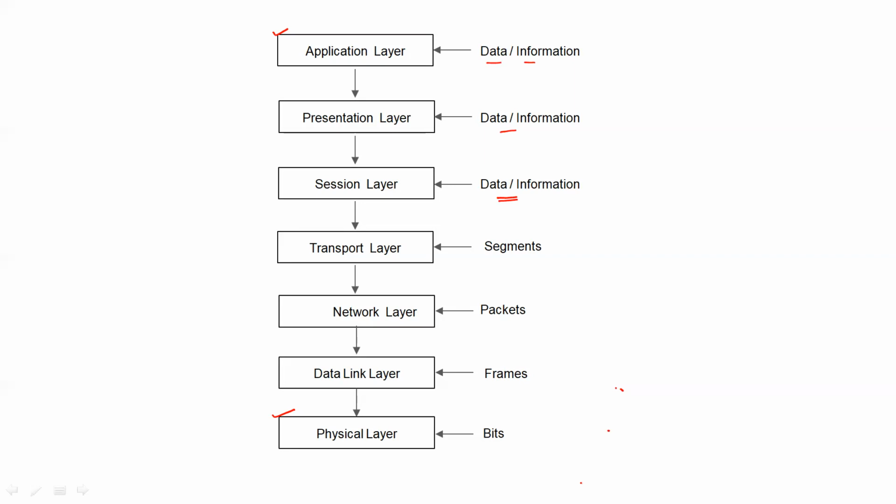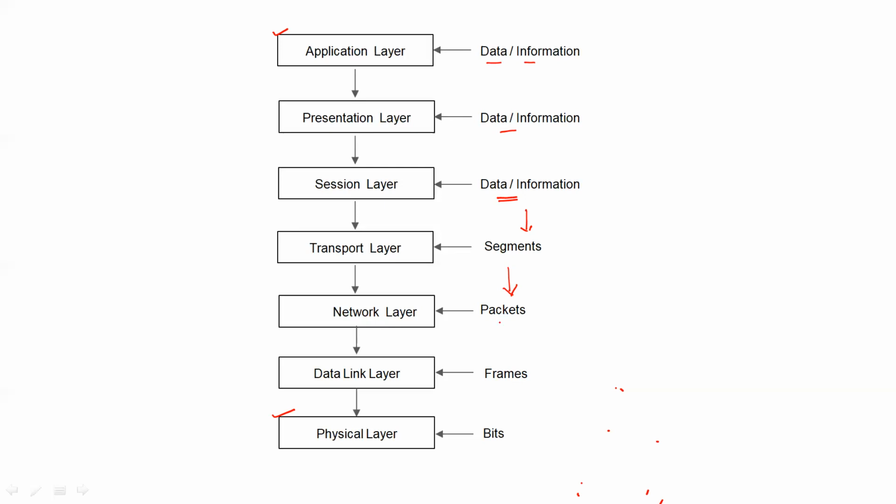In transport layer, this information is divided into segments. These segments are transferred to the network layer, where they are further converted into packets, a smaller version of segments.